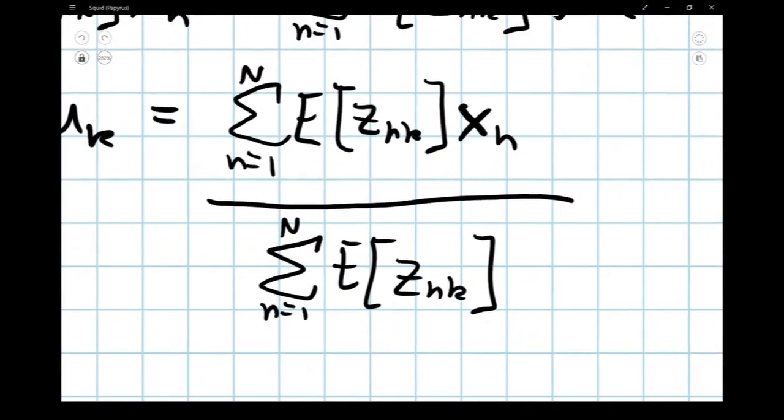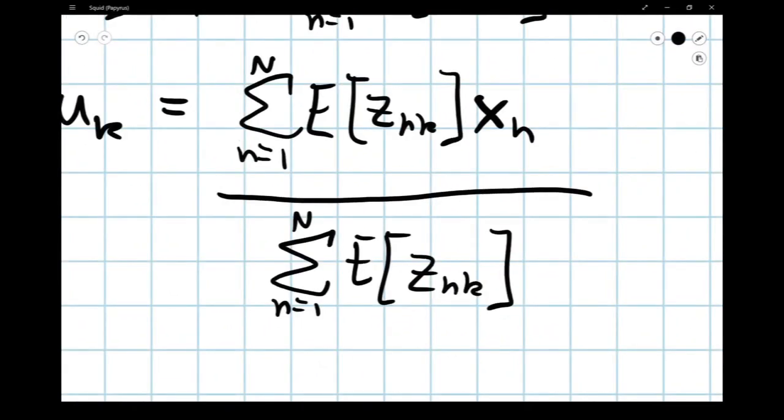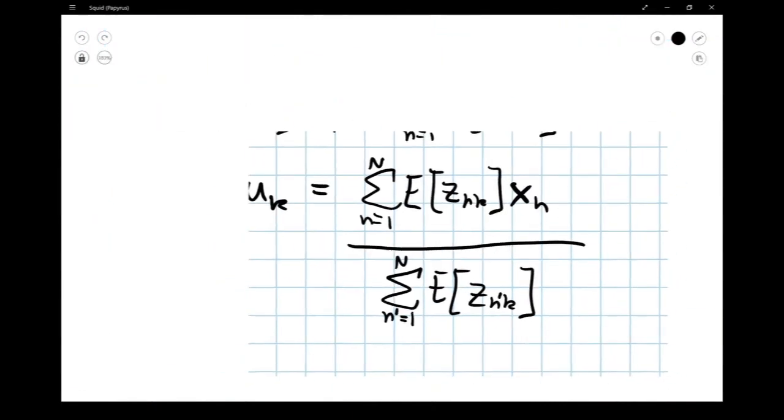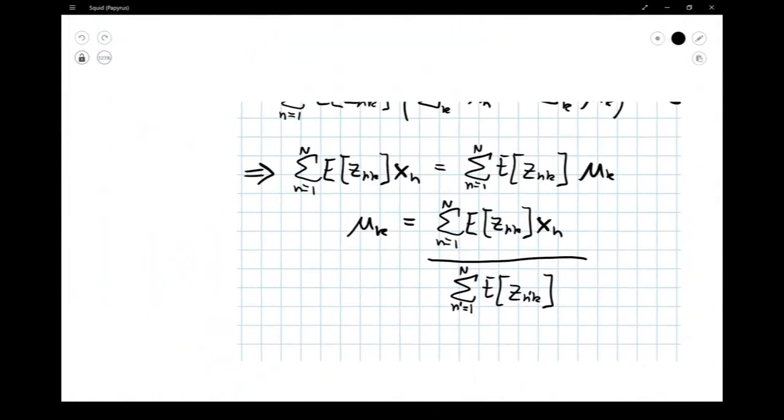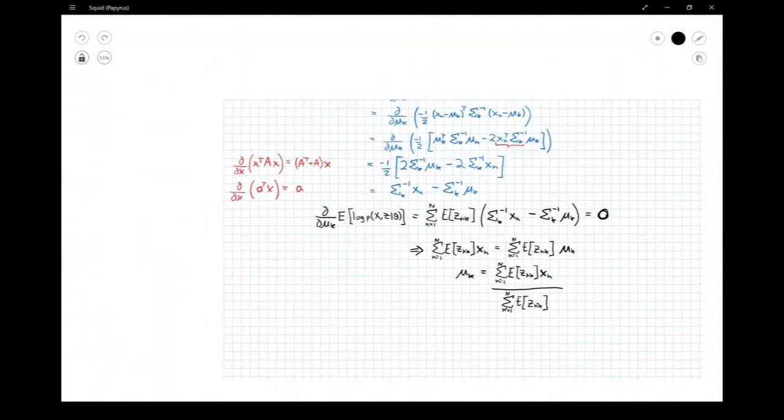Okay, and just to avoid confusion between the n's up here and the n's down here, what we'll do is we'll call this an n dash. So it's a summation over z n dash k. And so there we go. We've got our new best estimate for mu k, and it's equal to this thing here.